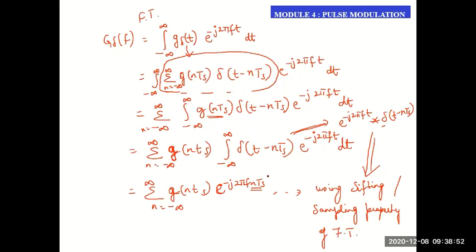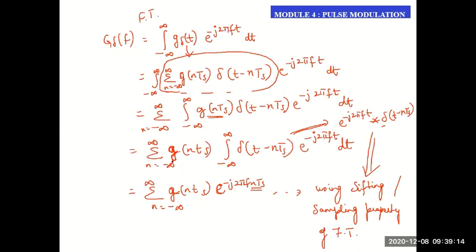T is replaced with nTs, right? This is called the sampling property or shifting property. So we are just using this convolution operation to replace this function e power minus j2 pi ft with e power minus j2 pi f nTs.